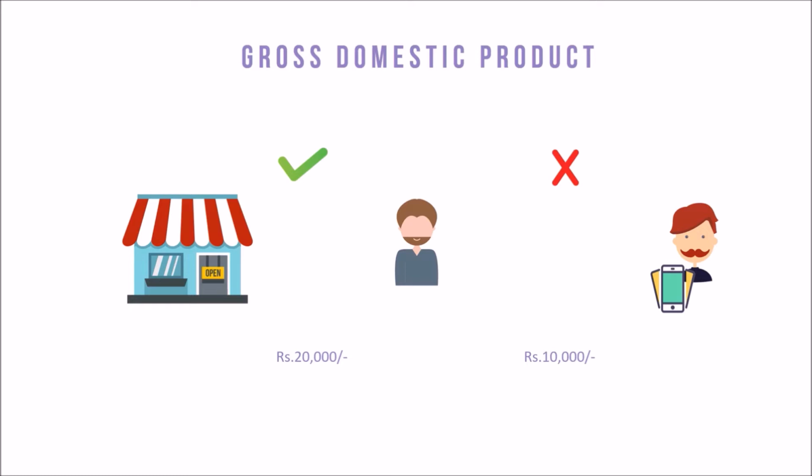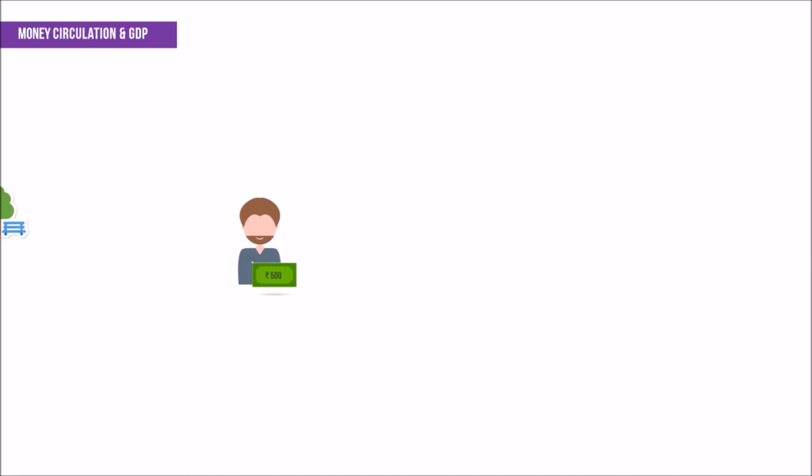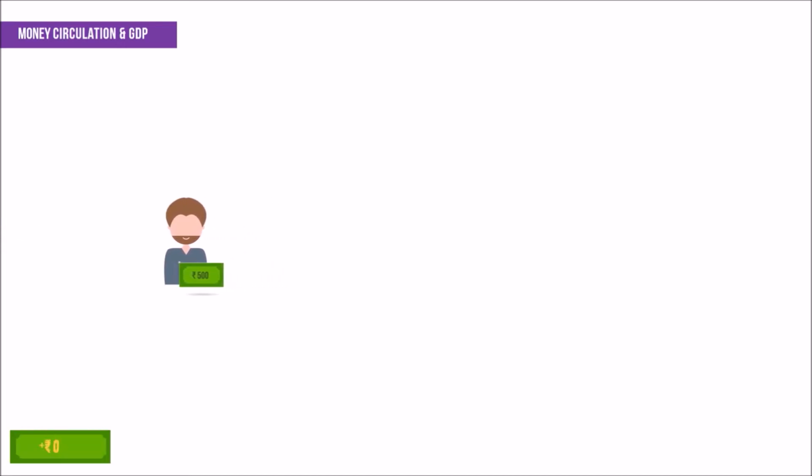Now, the next metric we will try to understand is money circulation in the economy and how it affects GDP growth. Let's try to understand with a simple example. Assume one day you were roaming around the park and you find a 500 rupee note. You were extremely happy and thought it was the luckiest day of your life. You thought you will save this extra money in your bank, which happens to be located across the town.